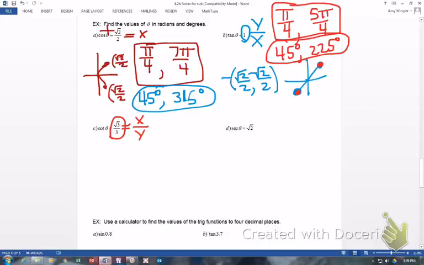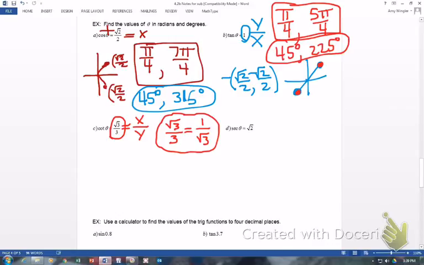So we got to go to our unit circle, and we have to remember that radical 3 over 3 is the same thing as 1 over radical 3. So that always has to be fresh in your head. Whenever you see radical 3 over 3, I almost recommend changing it immediately to 1 over radical 3. So you have to have an x numerator of 1 and a y numerator of radical 3 over 3.